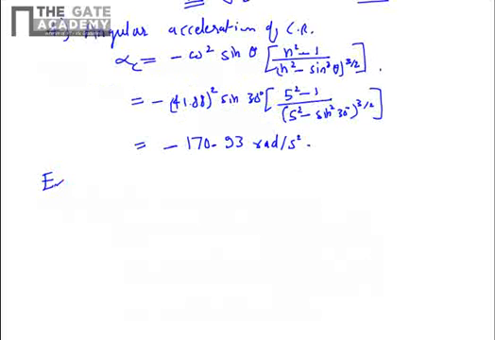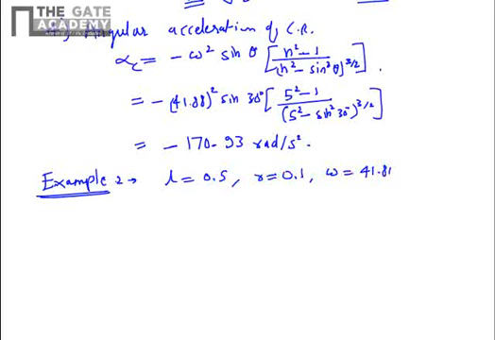Now we take on another example from this analysis. Here again the parameters we will keep the same for simplicity. L is equal to 0.5, R is equal to 0.1, omega is 41.88 radian per second, and theta is equal to 30 degree.